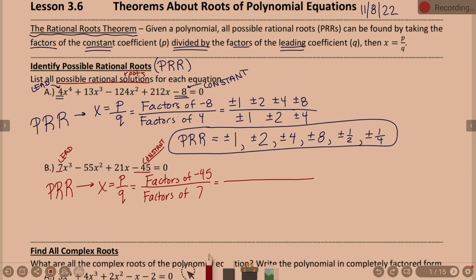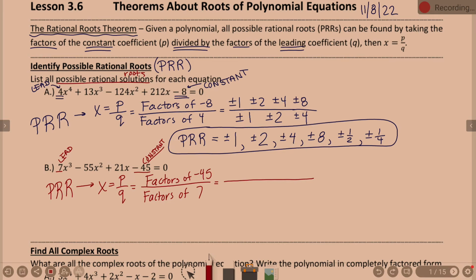Gonna make your brain think a little harder. I've seen some calculators come out as we double check things. Factors of negative 45. Don't worry about the negative, just think factors of 45. What pairs you got for me? 9 and 5? Okay. If you know your basic factors up through 10, 9 and 5 would be a pair.